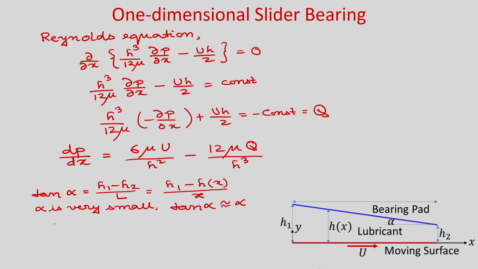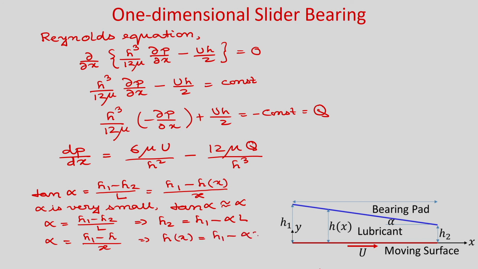So, alpha is equal to h1 minus h2 divided by L, that means h2 is h1 minus alpha L, or alpha is equal to h1 minus h divided by x. So, we can write h, which is a function of x, as h1 minus alpha x.